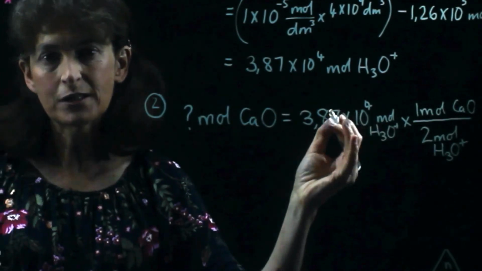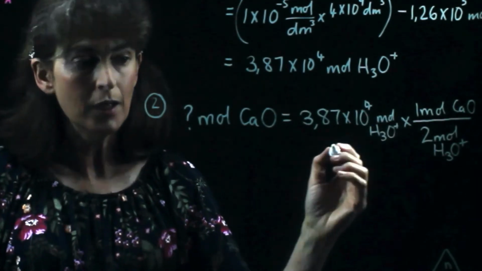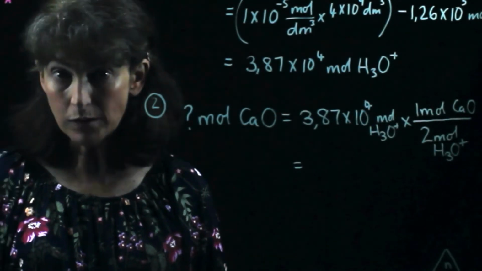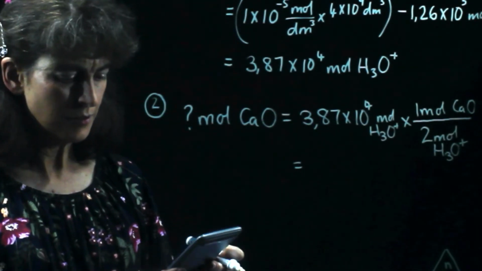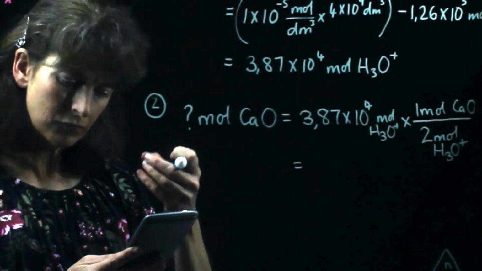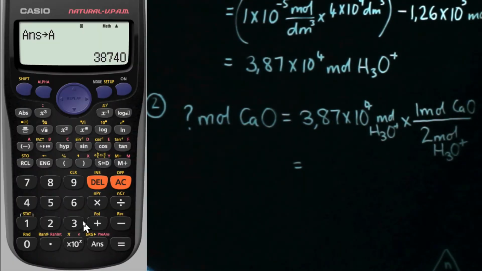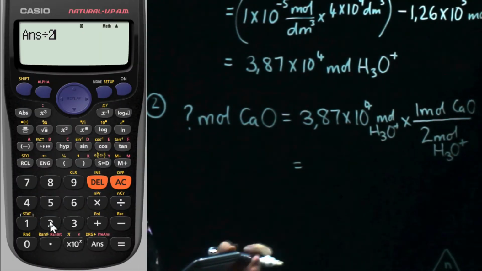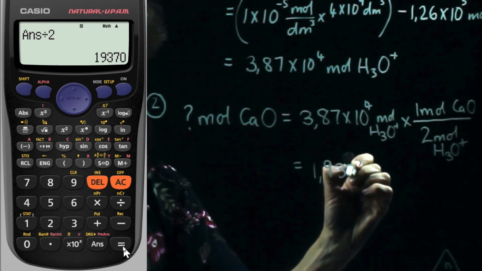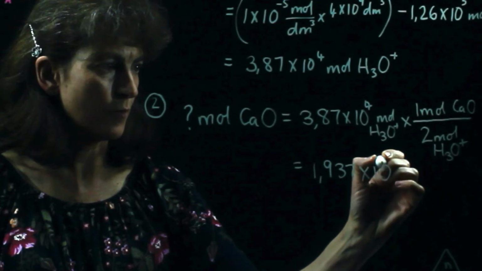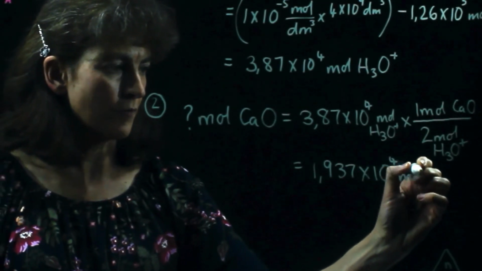So obviously we just have to divide this by 2 to find out how many moles of calcium oxide reacted. We still have this value on our calculator. So if you have cleared it, then recall A. But I still have it on the calculator, divide by 2. And so we have 1.937 times 10 to the power 4 moles of calcium oxide.